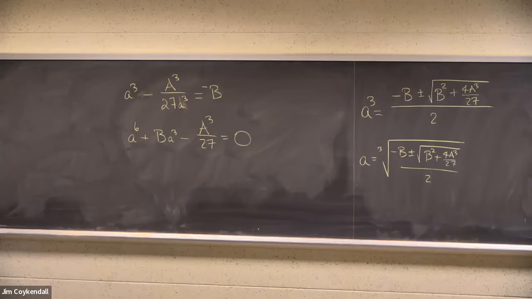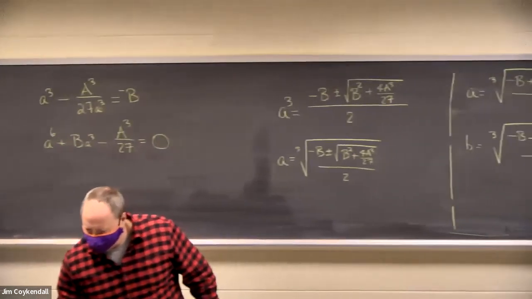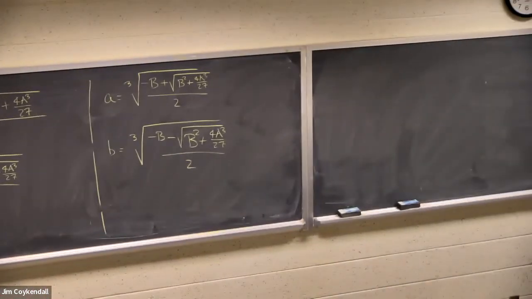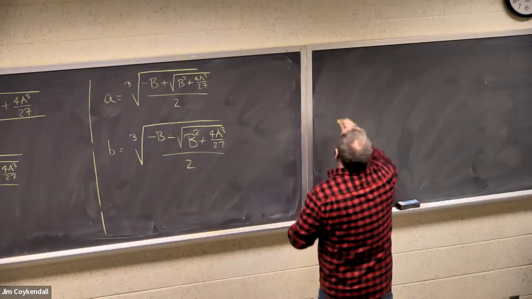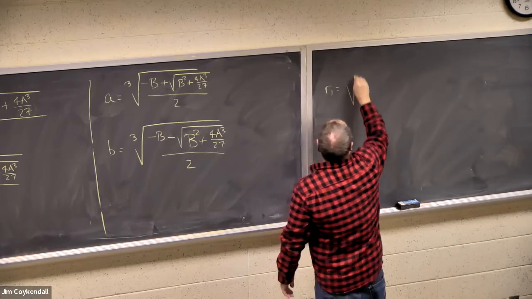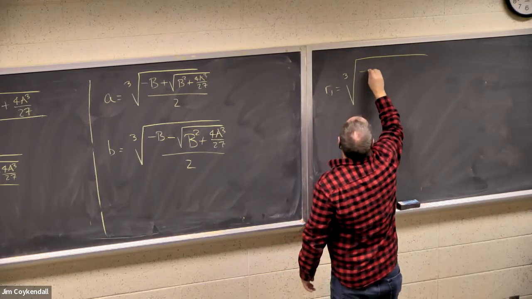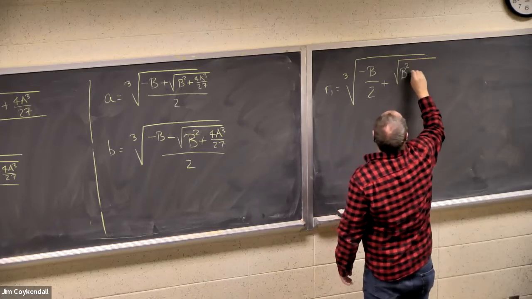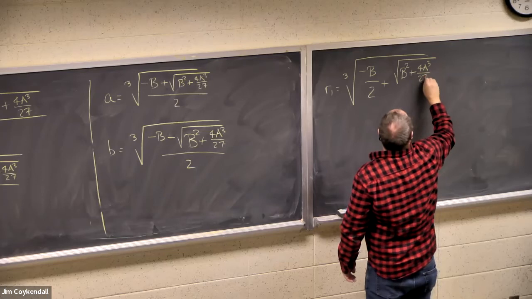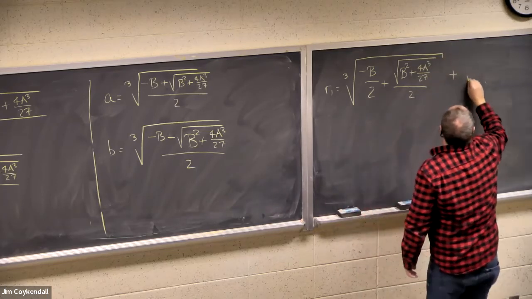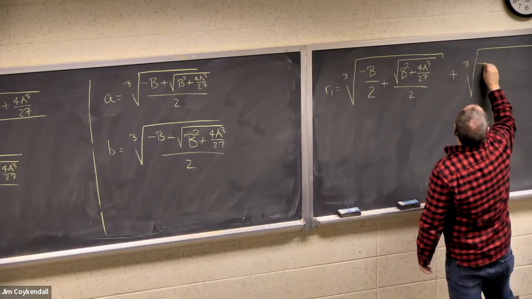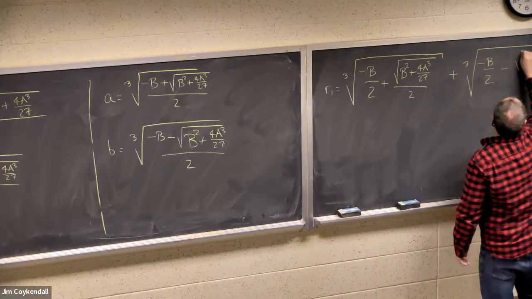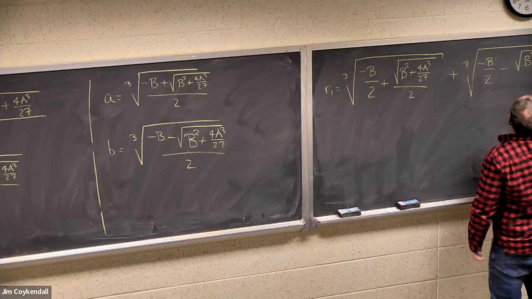So here are my roots. One root is the cube root of negative B over 2 plus the square root of B squared plus 4 A cubed over 27, plus the cube root of negative B over 2 minus the square root of B squared plus 4 A cubed over 27.